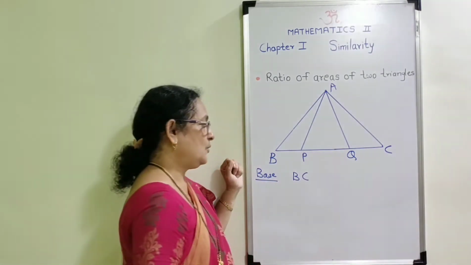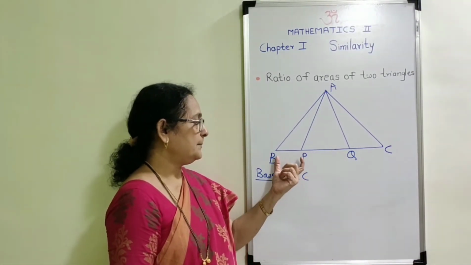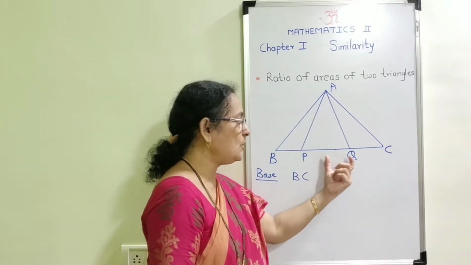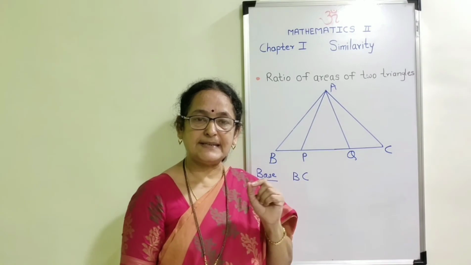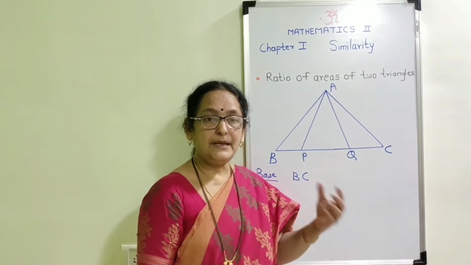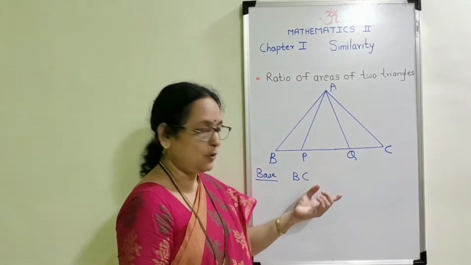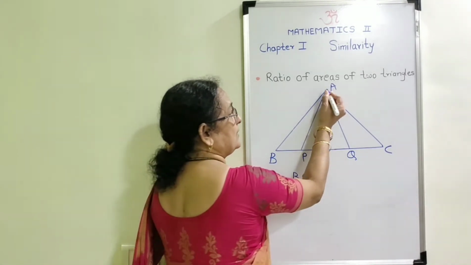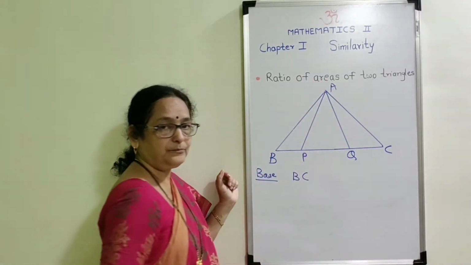At that time, observe all bases. Bases BC, BP, PQ as well as QC lie on one and the same line. At that time, we can say that bases of all these triangles are collinear. Also, all triangles are having a common vertex which is A.